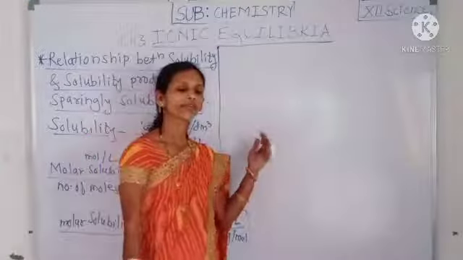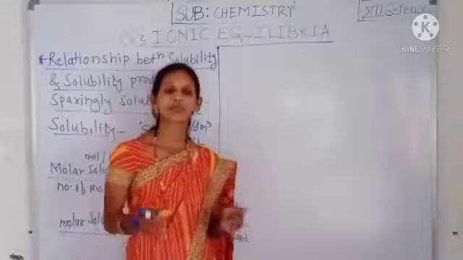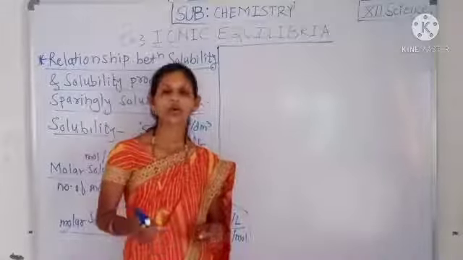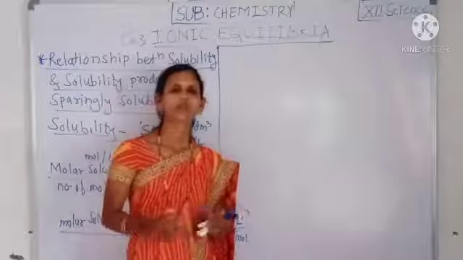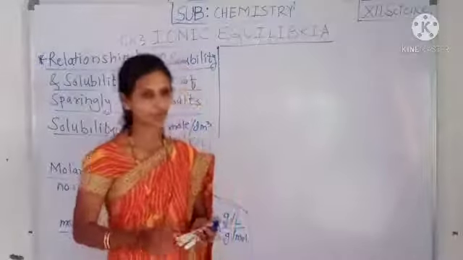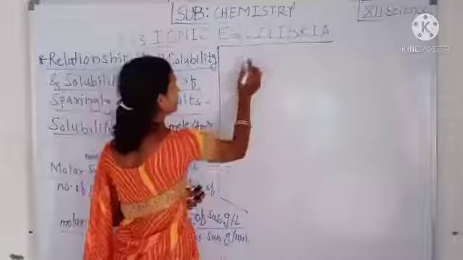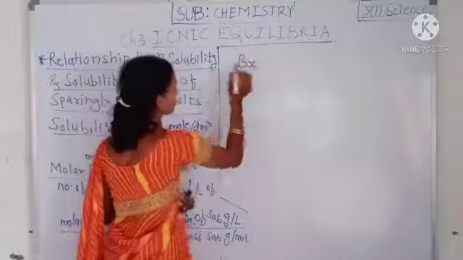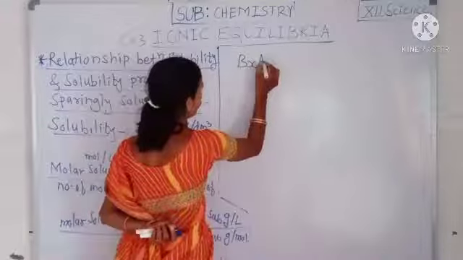First of all, we consider a few examples of different types of salts and the solubility equilibrium for those types. The general formula for a salt is BxAy.